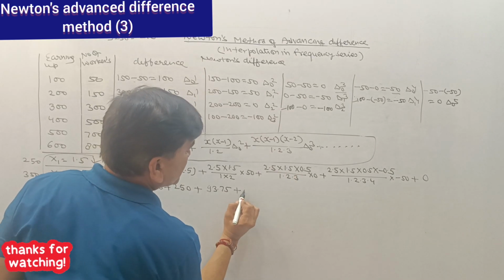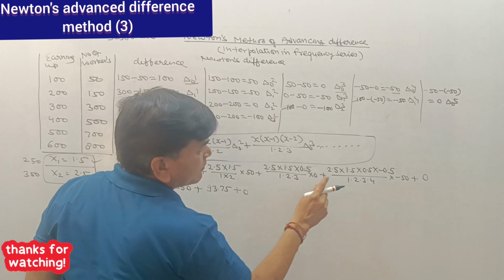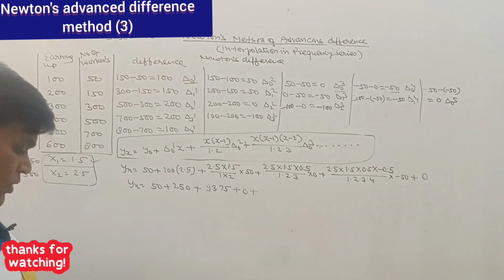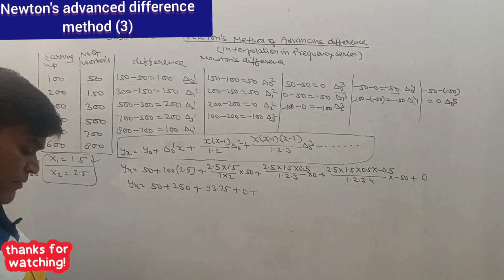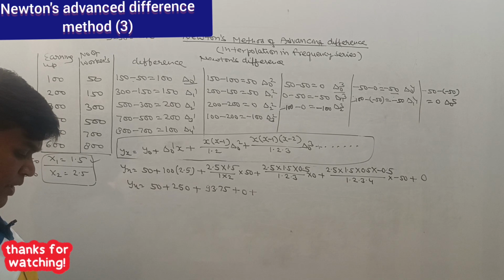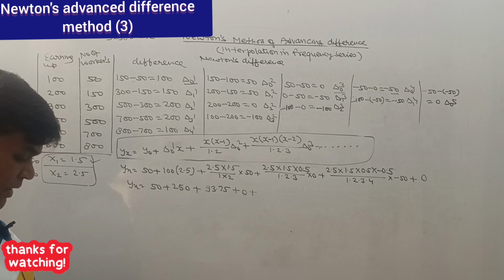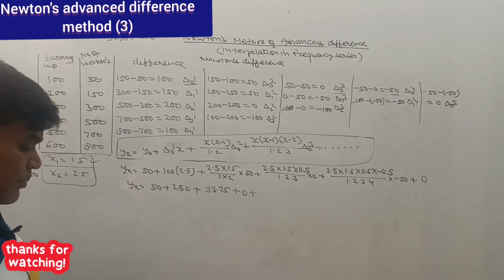All the plus 0, 1 minus and 1 minus, 2 minus is converted to plus. 2.5 multiply 1.5 multiply 0.5 multiply 0.5 multiply 50 divided by 24, plus value is over there, 1.9531.